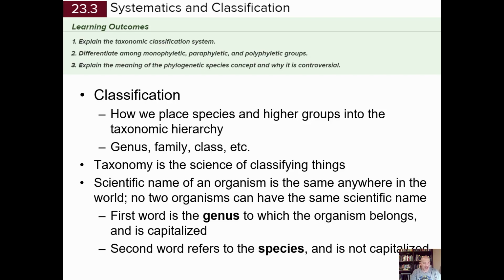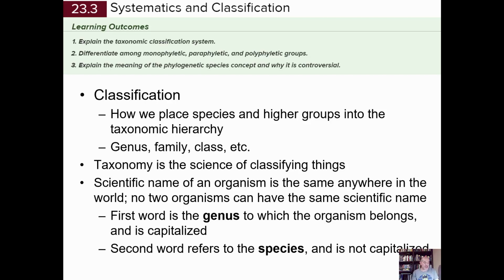So in this section of the chapter, we are going to be looking at how we classify or organize all of the biodiversity that science has discovered. And hopefully there's a connection between that classification and the systematics we've been talking about. Basically, the connection between classifying and how these organisms are related to each other evolution-wise, right?